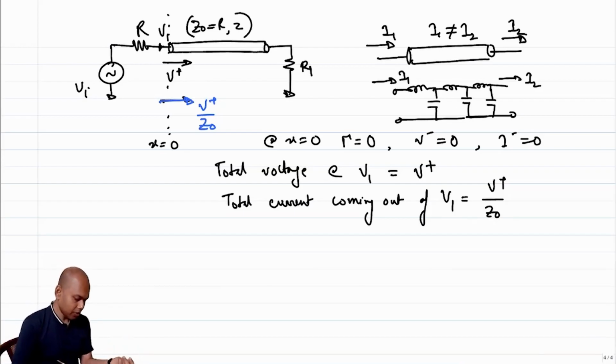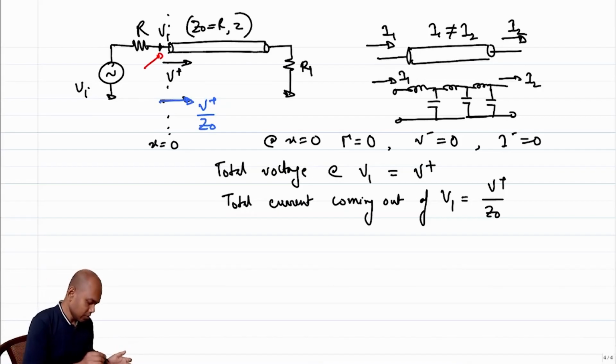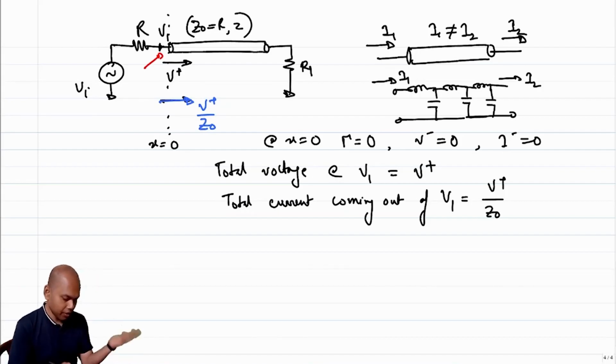Now I know that this node voltage V plus is basically Vi minus the current times R, correct? So now I am imposing KVL. I can impose KVL here because R is essentially a lumped element, right? There is no time delay associated with it. That's the assumption.